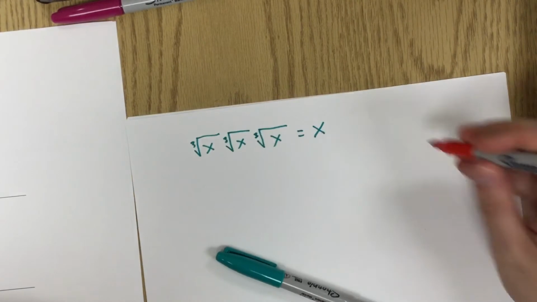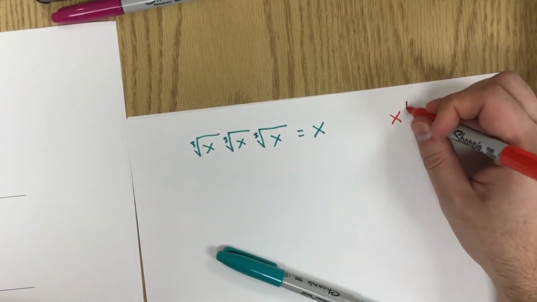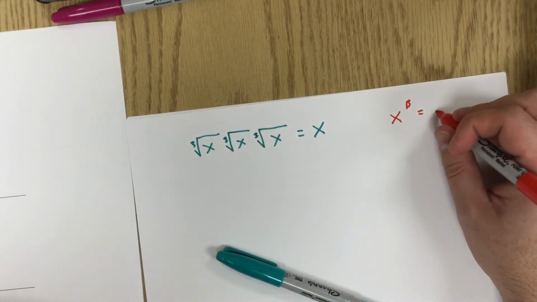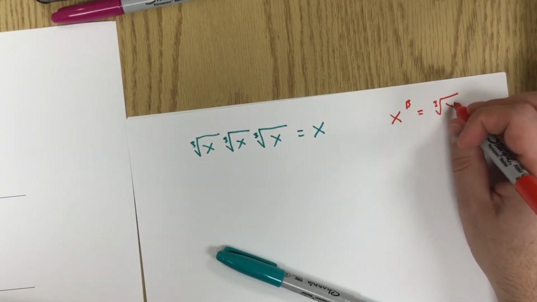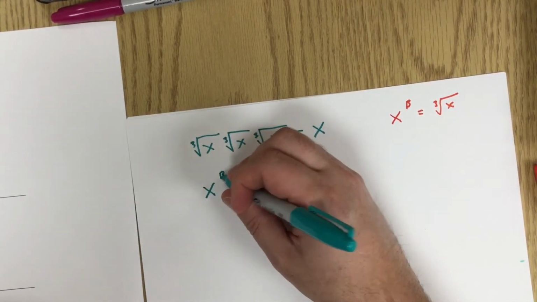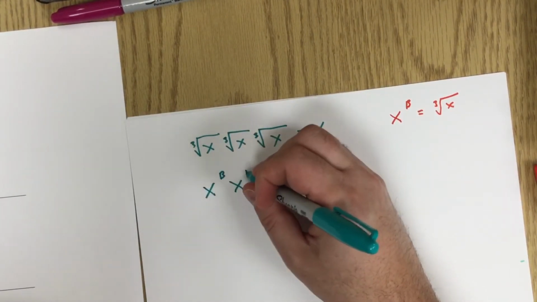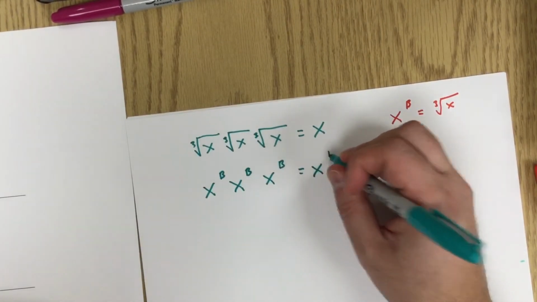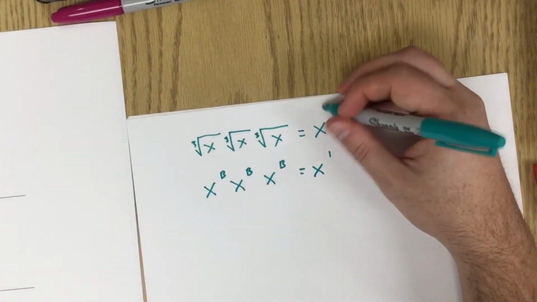And I'm going to do one of those substitution things again. So I'm going to say x to the b, we'll use b, is the cube root of x. So I could say now that x to the b times x to the b times x to the b equals x to the 1, because this was a 1 as well.